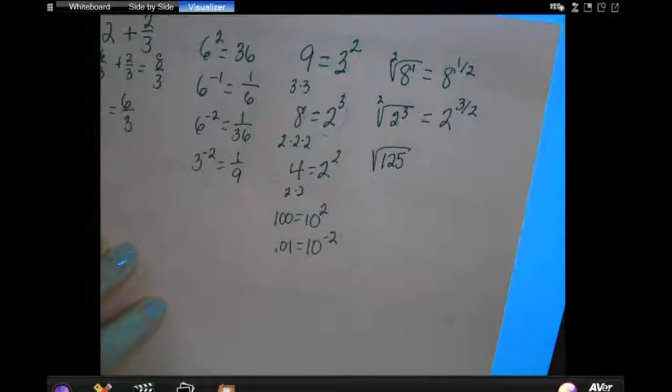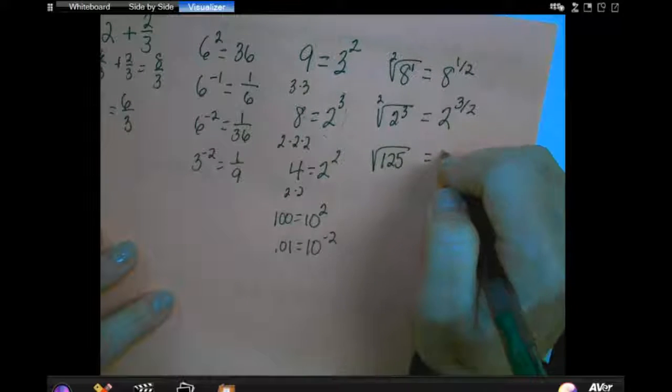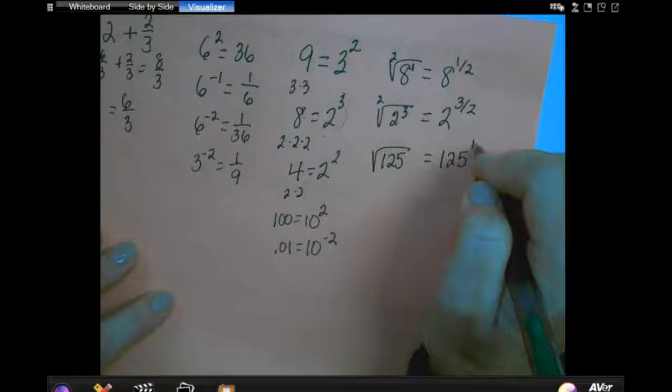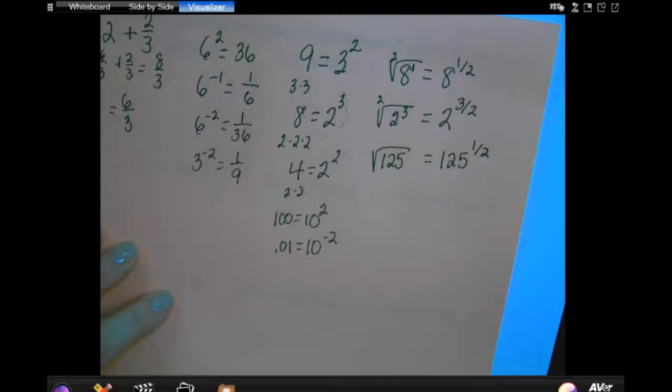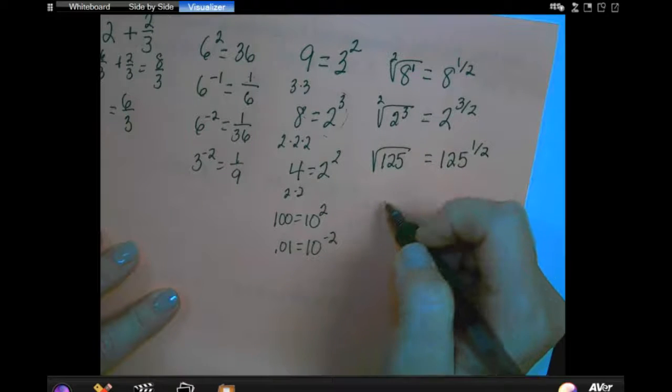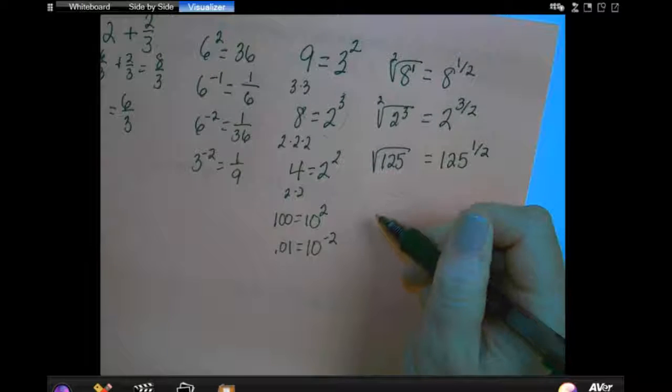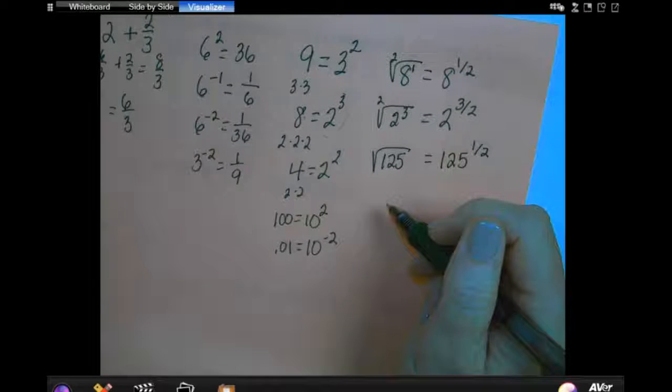So if I was rewriting the square root of 125, so it's 125 to the 1/2. Okay, we're just reviewing, and I'm going to give you some problems. It's going to be okay, Isaac.